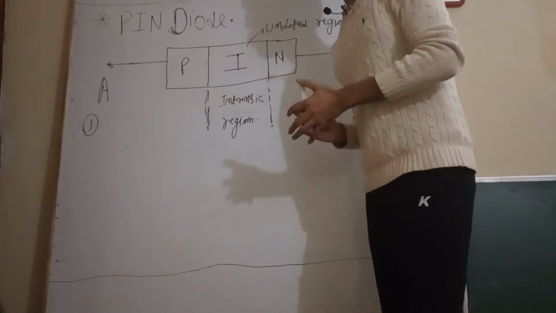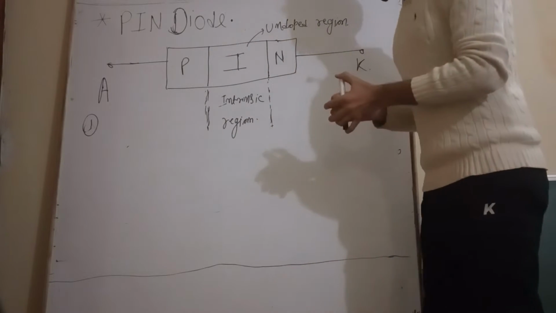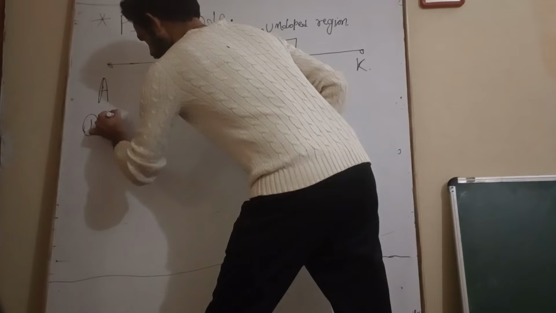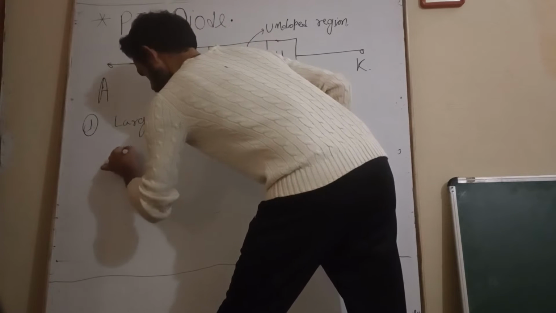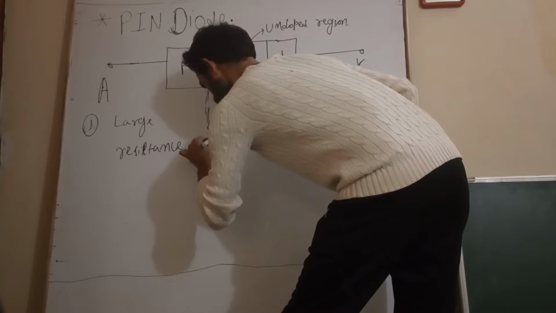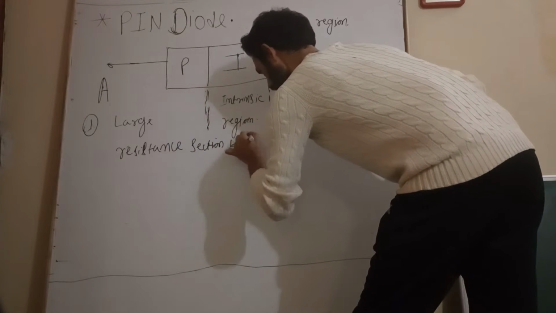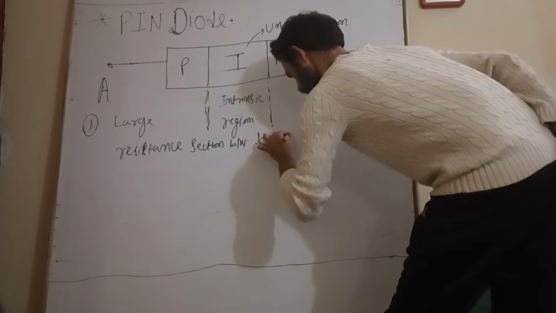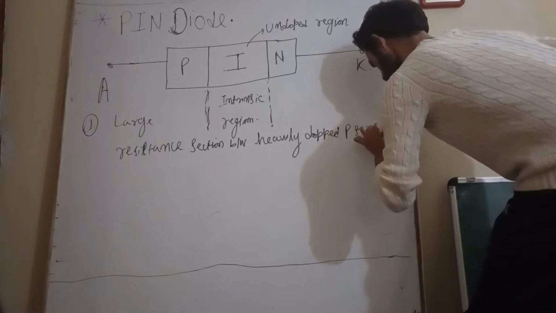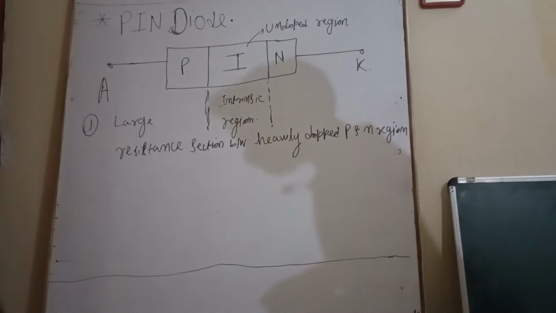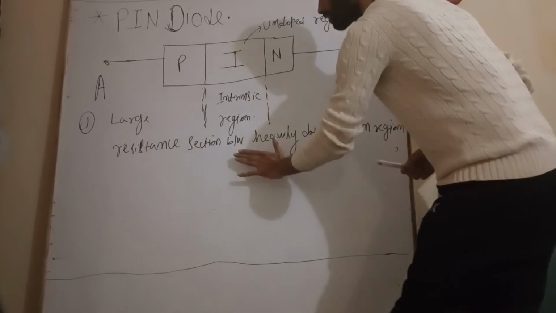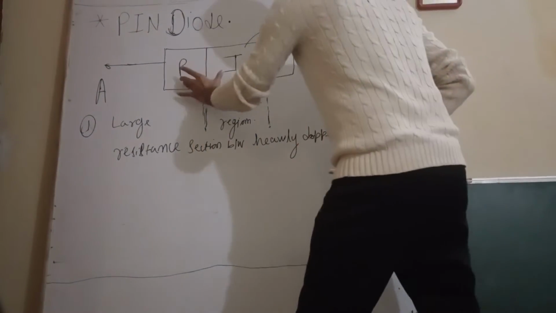For what purpose are we using it? So the first feature is that it provides a large resistance section between the heavily doped P region and the N region.